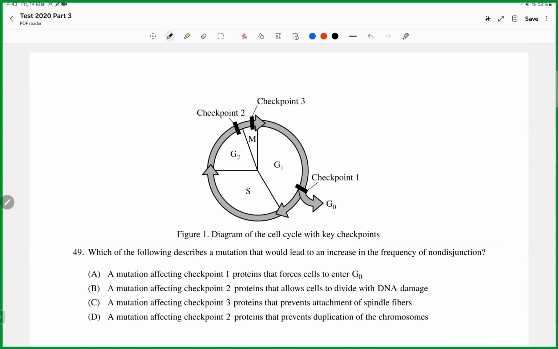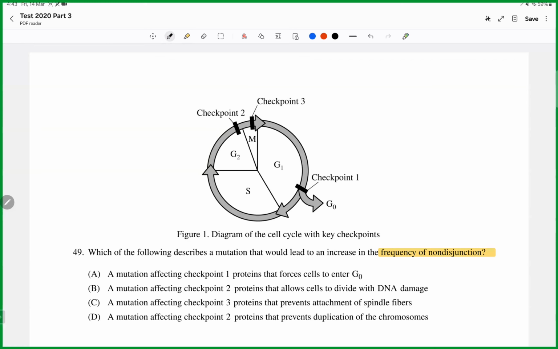I'm not sure. I think 5. Yeah, with the heritage, with the mental thing. Increasing non-disjunction. That means they don't separate.